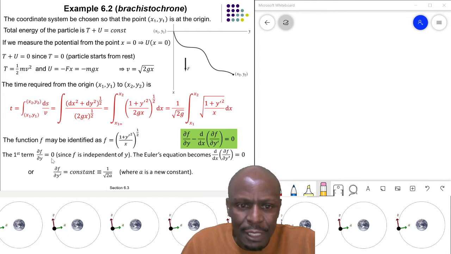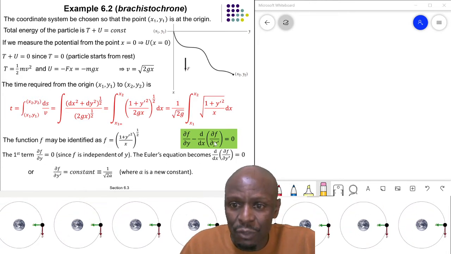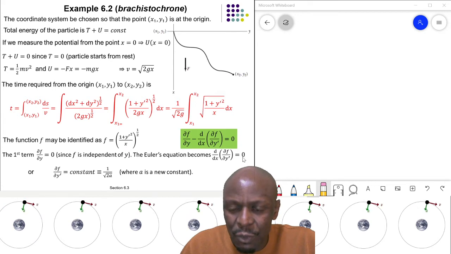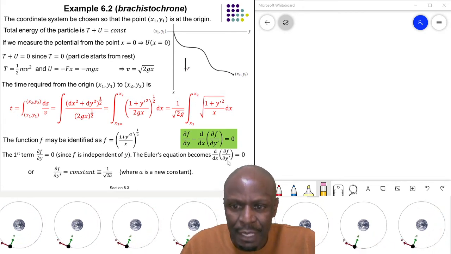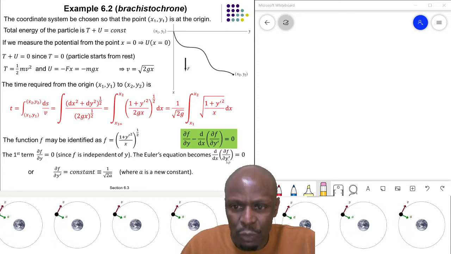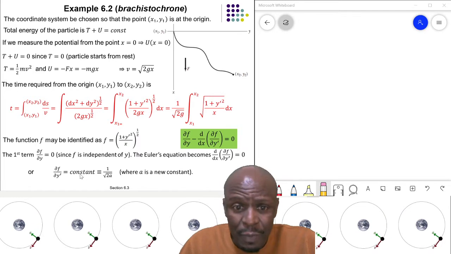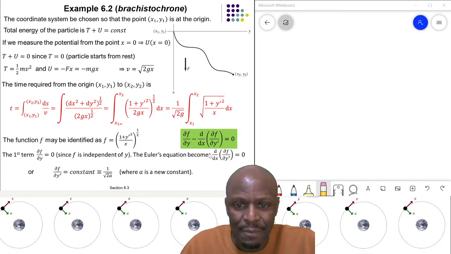So as a result, this is just going to be 0, and then in the Euler equation we are only going to consider this term here. If this term is equal to 0, that will mean this inside the brackets must be equal to a constant, because when you differentiate a constant, you just get 0. Now that constant is defined to be 1 over the square root of 2a, right?